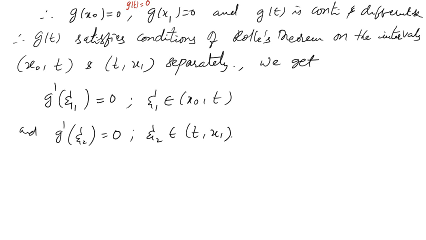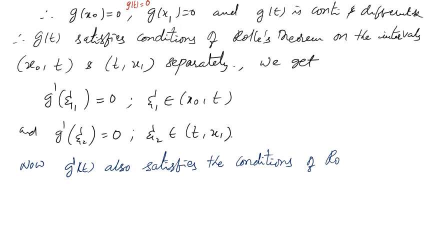Now what is g dash t? g dash t means the derivative of g of t with respect to t. g dash t also satisfies the conditions of Rolle's theorem.